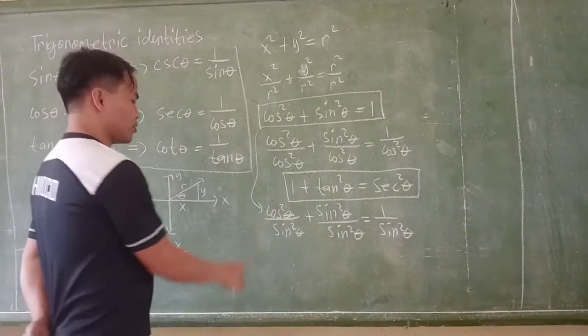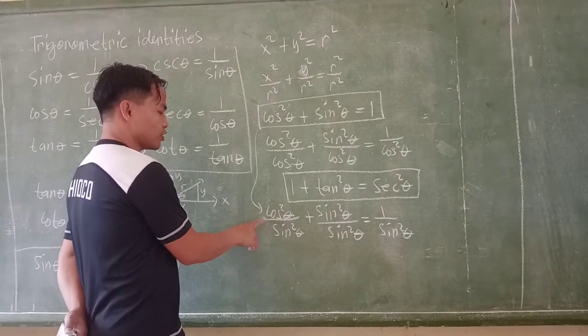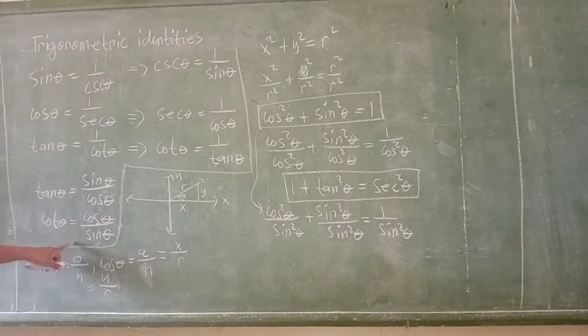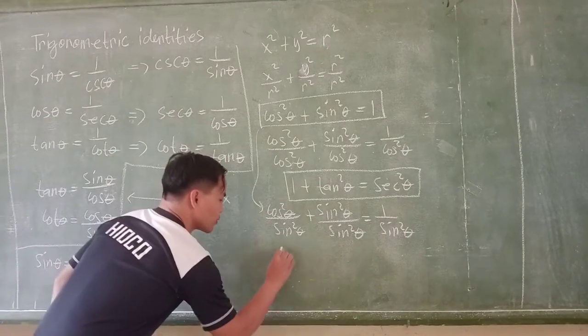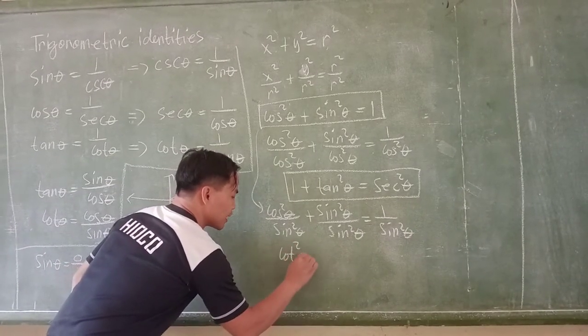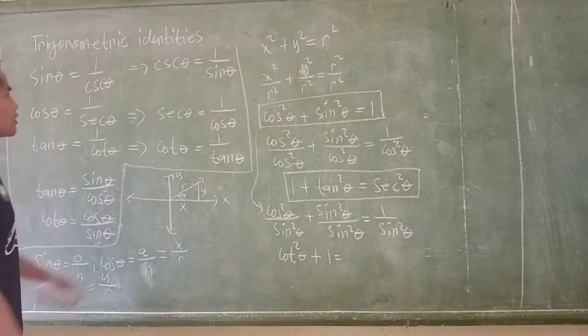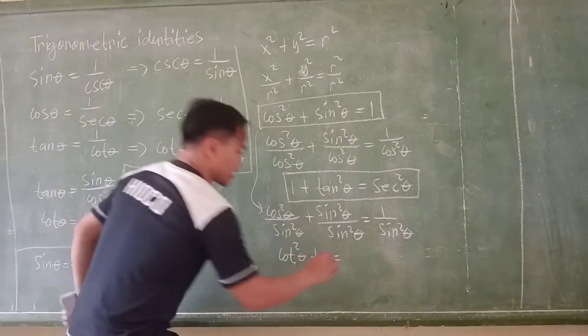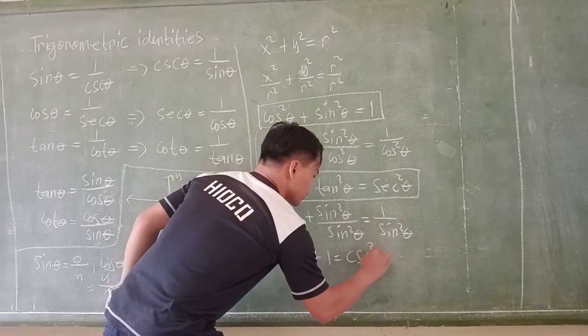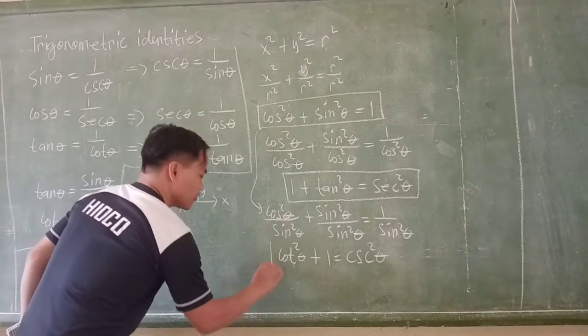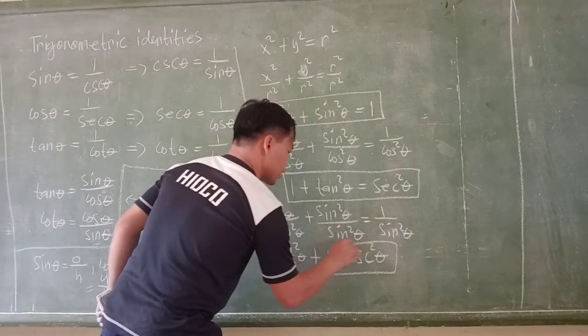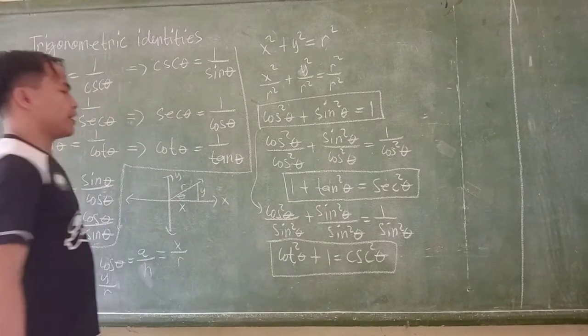Cos over sine is cotangent. So we have cotangent squared theta plus 1 is equal to 1 over sine, which is cosecant, squared. Cosecant squared theta. So this one is the third Pythagorean identity.